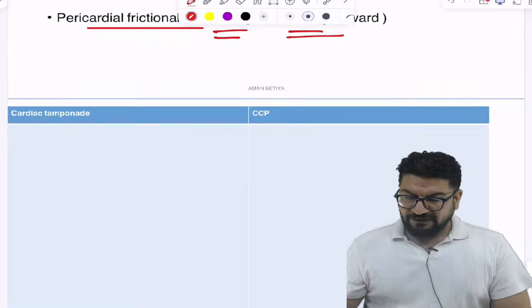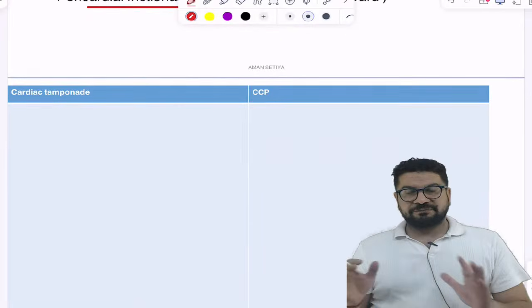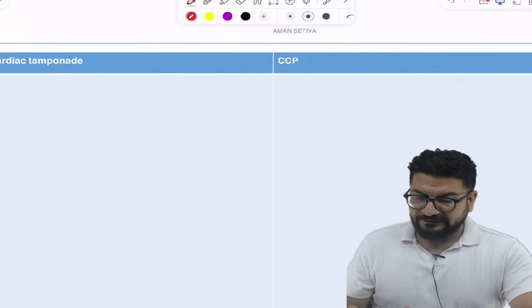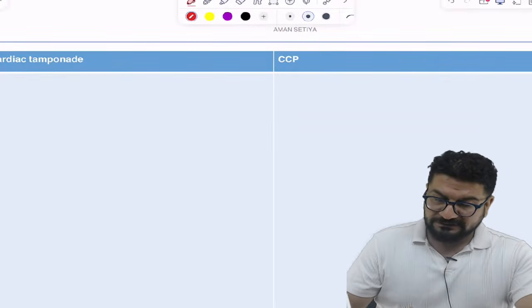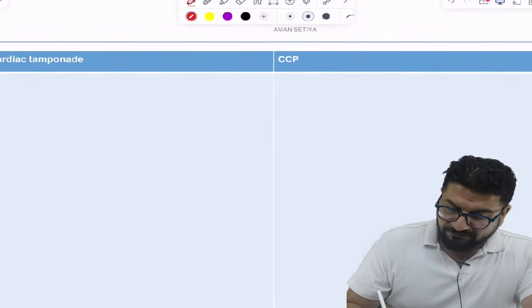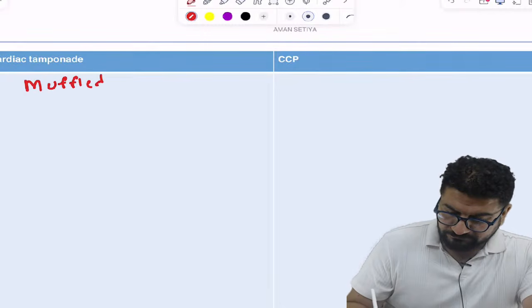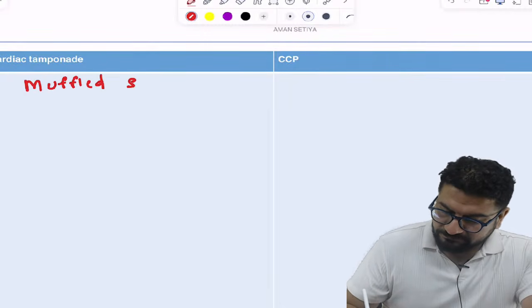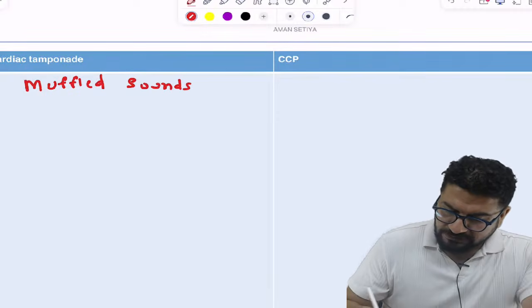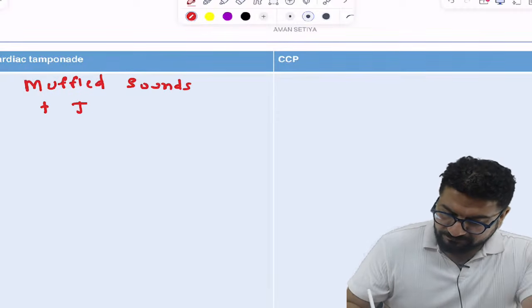Now understand, we have two diseases, cardiac tamponade and chronic constrictive pericarditis. What type of MCQ do they ask you in the exam? First MCQ is based on heart sound. Here you will see muffled heart sound, there will be raised JVP and there will be hypotension.